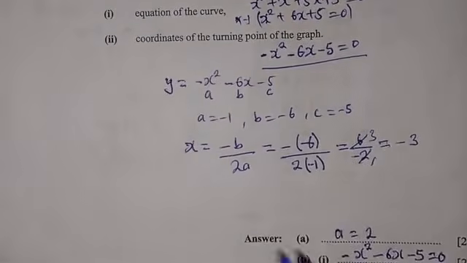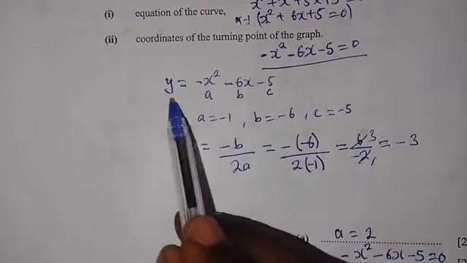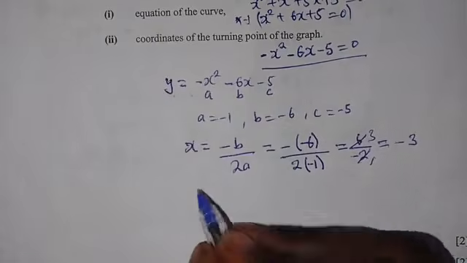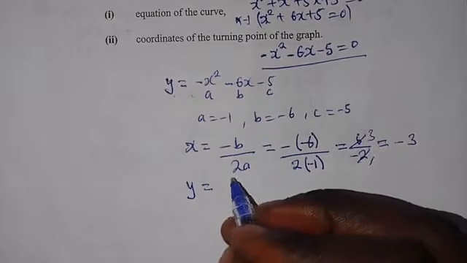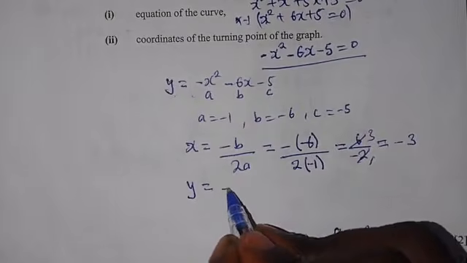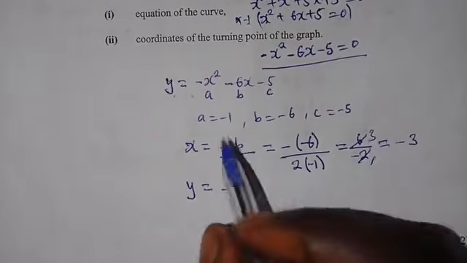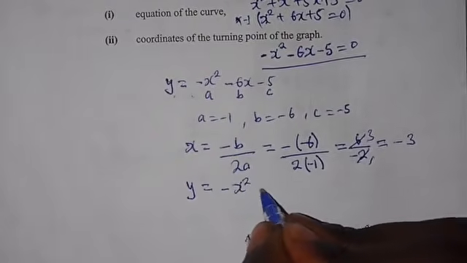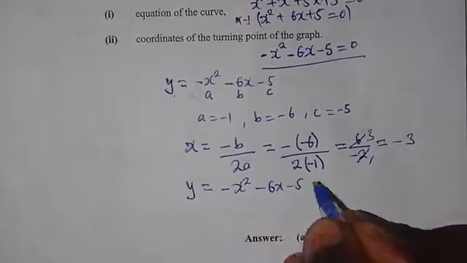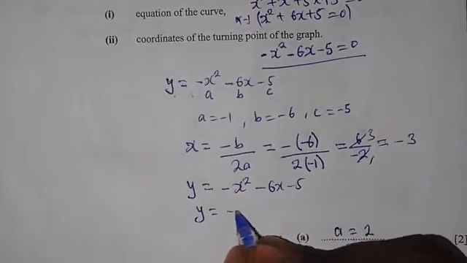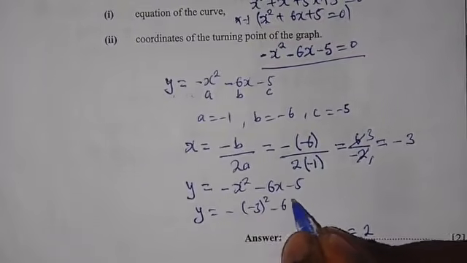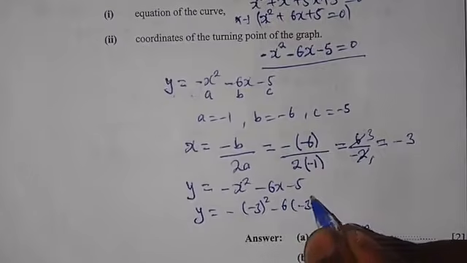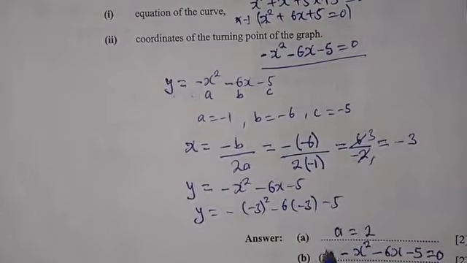Since we have found x, we can find y by using this equation. Where there is x, we are just going to substitute. So y is equal to negative, where there is x we put negative 3 squared, minus 6, again where there is x we put negative 3, then minus 5.